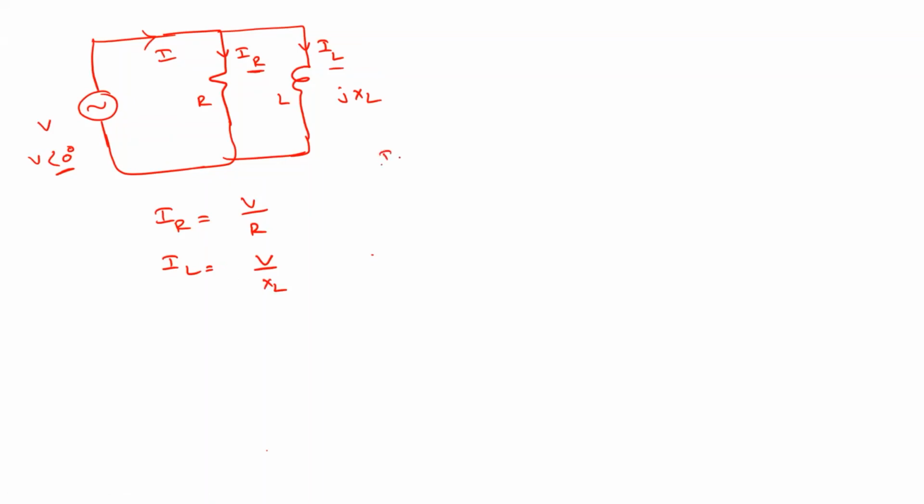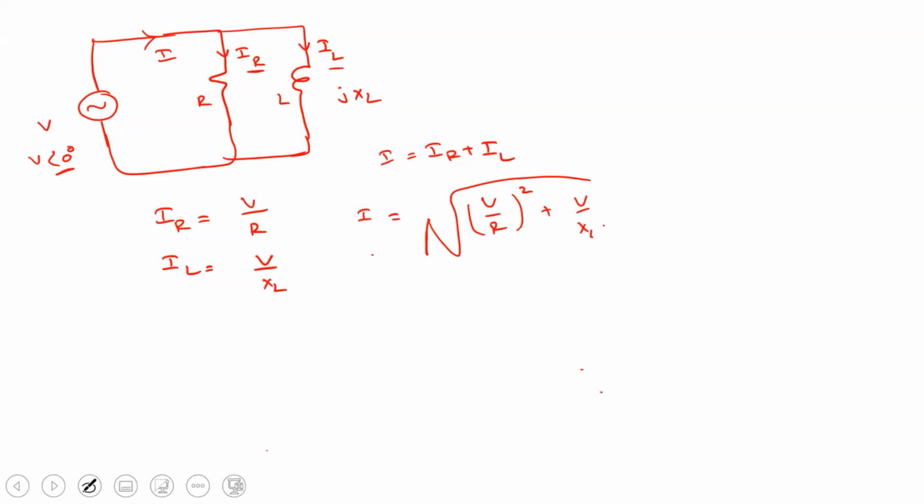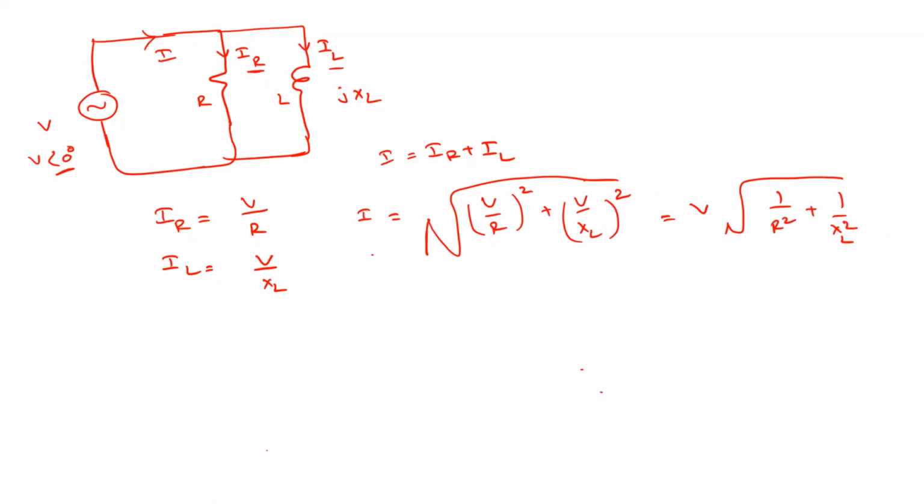We have I equal to IR plus IL, which is the phasor sum. So I equals the square root of (V by R) squared plus (V by XL) squared. That is the magnitude, V times the square root of 1 by R squared plus 1 by XL squared, and then we have the phase angle theta.